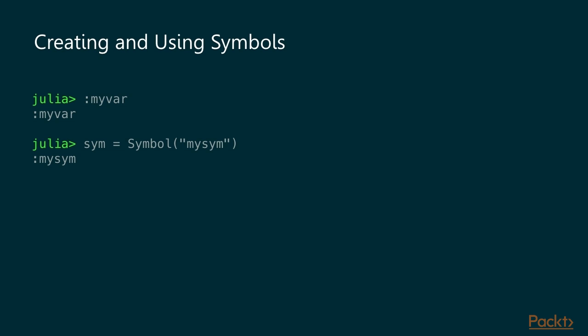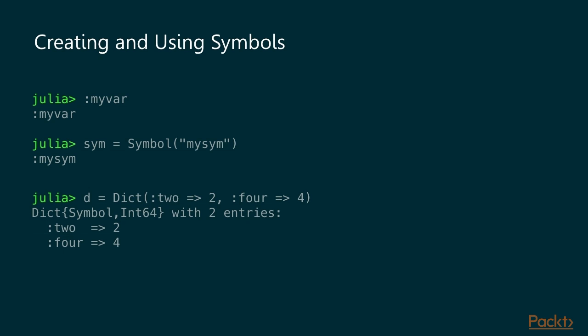That means that in a lot of languages it would typically be very fast to compare 2 symbols because it's just a pointer comparison. So often we see them used in dictionaries as keys for looking up values. So here I'm creating a dictionary with symbols, and we can access the element at the key 4.